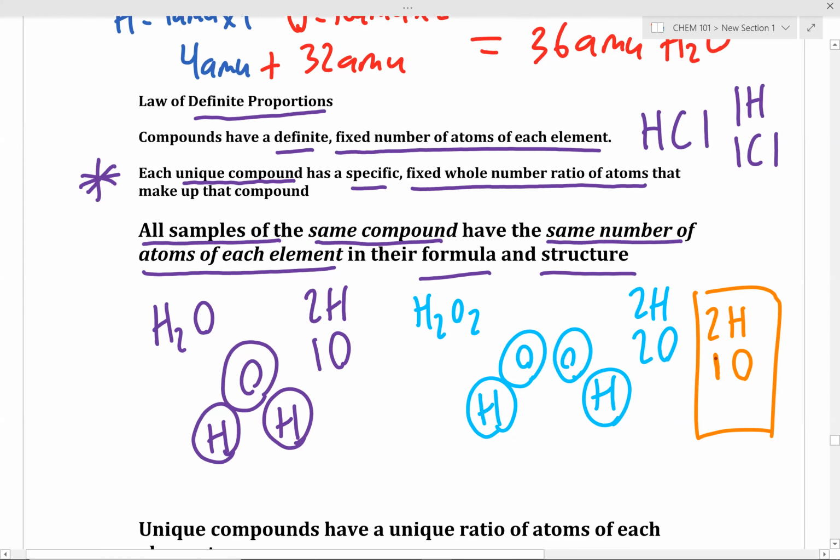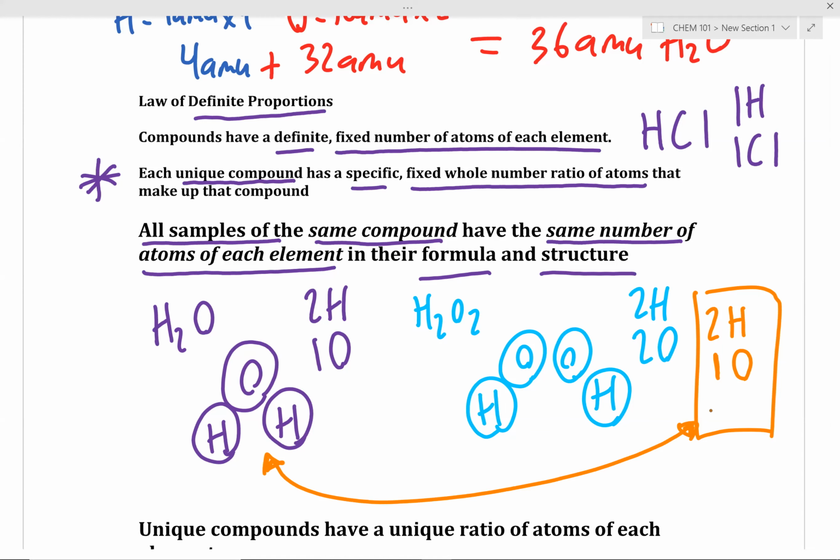We figured that out using the masses of each element in this compound. Based on the atoms of each element, which compound does this mystery compound match? Water, right? They have the same number of atoms of each element. Ergo, we can assign this unassigned compound as water.